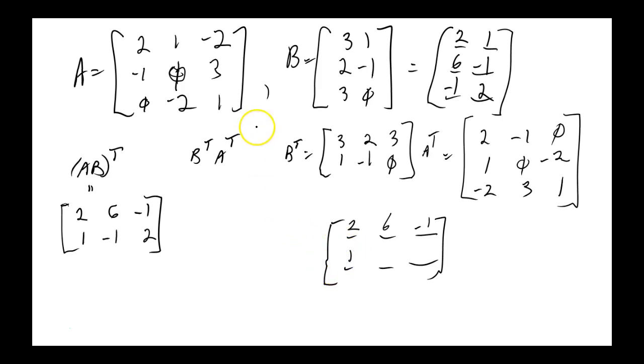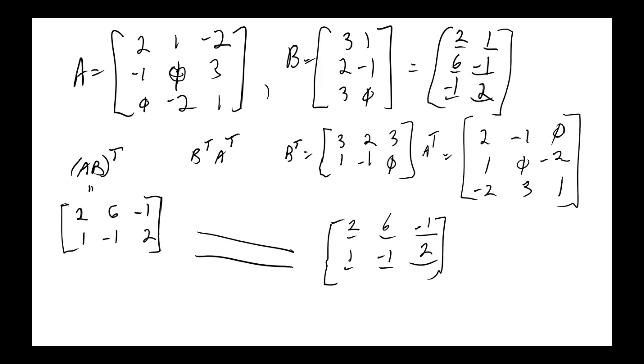The 2, 2 entry, yep, -1. And the 2, 3 entry, 2. All right. Look here, these two are indeed equal. So sure enough, (AB) transpose is the same as B transpose times A transpose. Any questions on that?